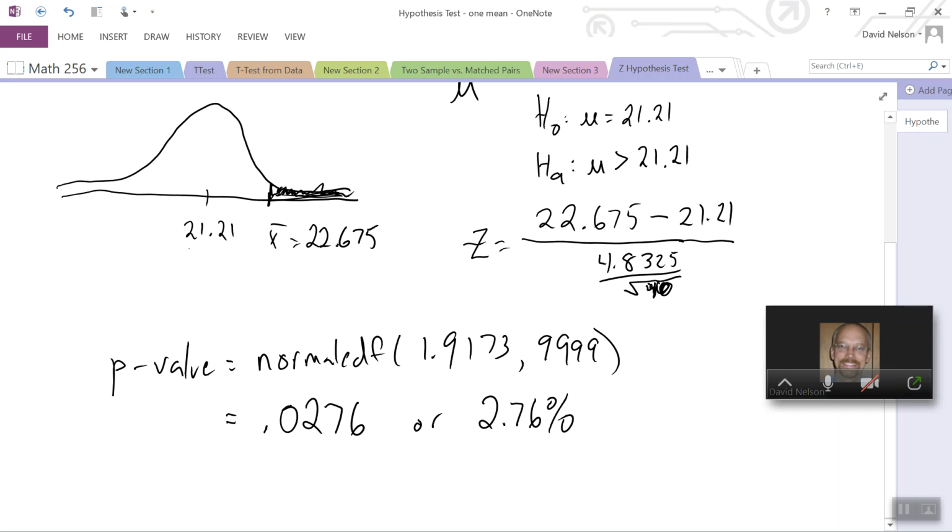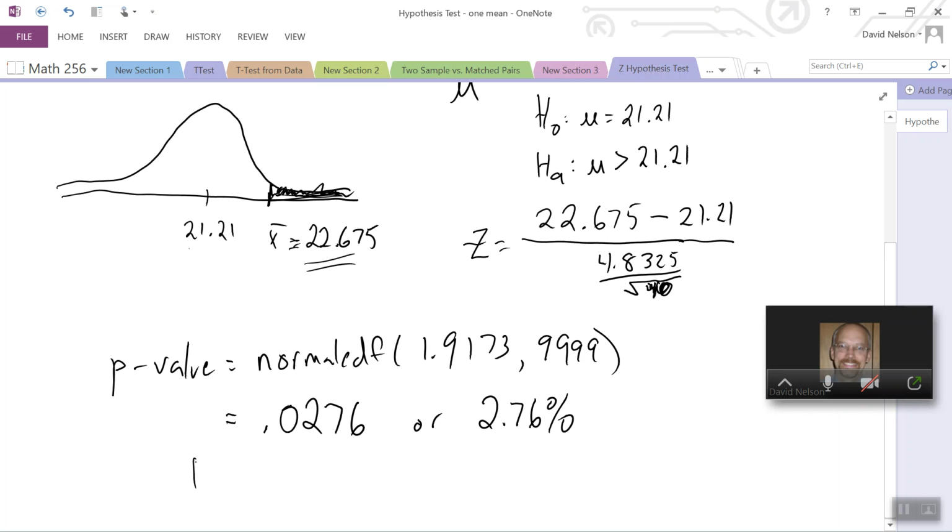So I've only got a 2.76% chance of getting a sample with a mean of 22.675 if the population mean is really 21.21. It's really unlikely. It's a small chance, about a 2 3/4% chance, that I can get a sample with a mean of 22.675 if the mean is really 21.21.